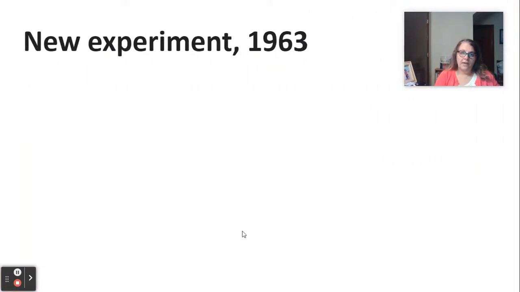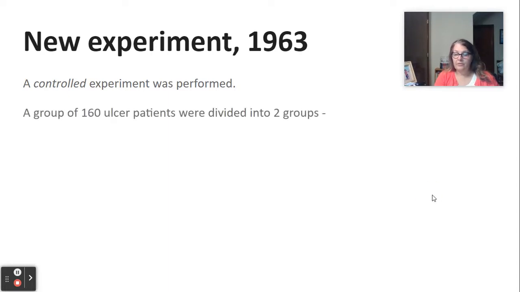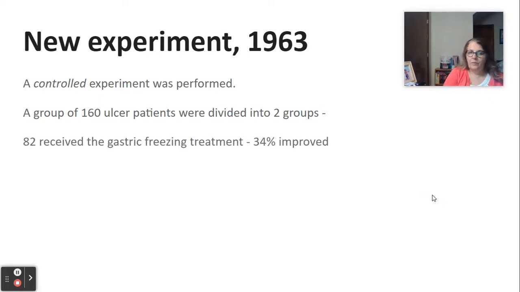Let's go back to this experiment. They did a new experiment in 1963, a controlled experiment. A group of 160 ulcer patients were divided into two groups, and the groups were random. 82 of them received the gastric freezing treatment, and they found that 34% were improved.